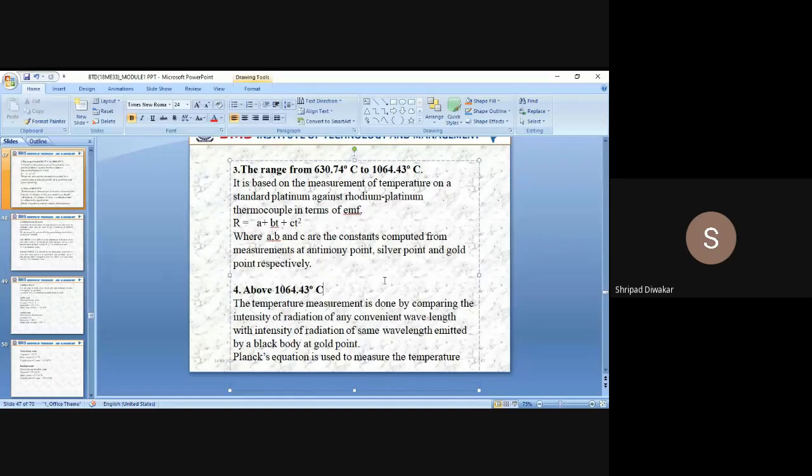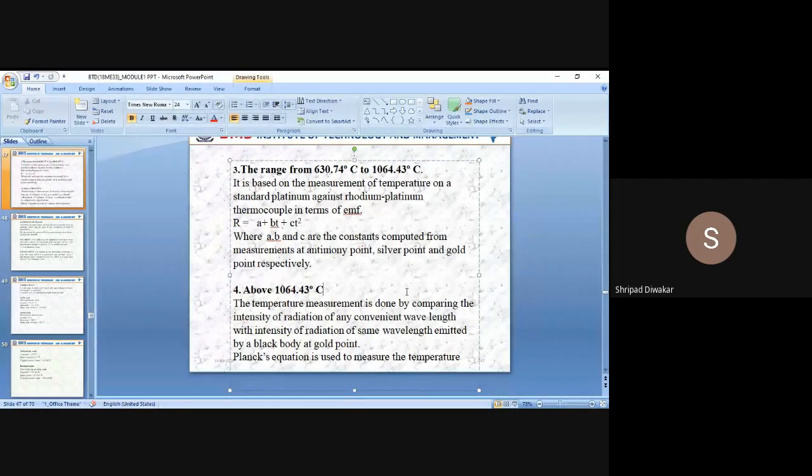So you just have to remember the temperature range, what type of instrument is used, and what standard fixed points are used in that scale. Mainly they used to ask, what do you mean by the international fixed point? International fixed points are ice point, steam point, and triple point.